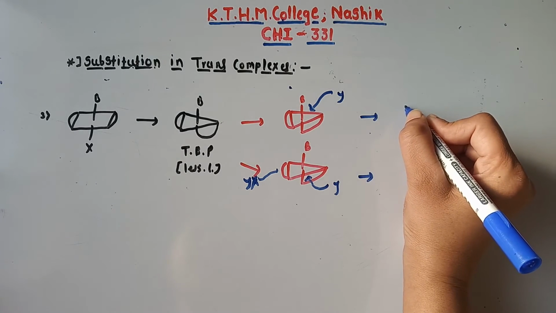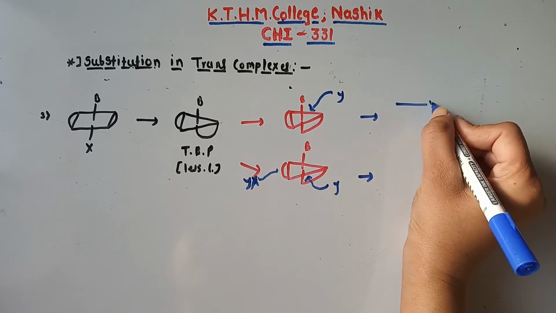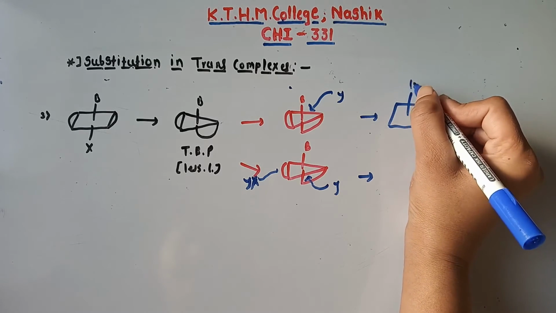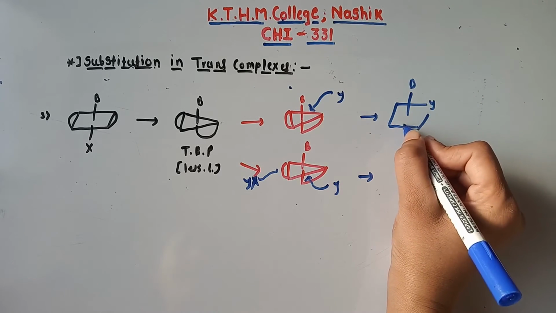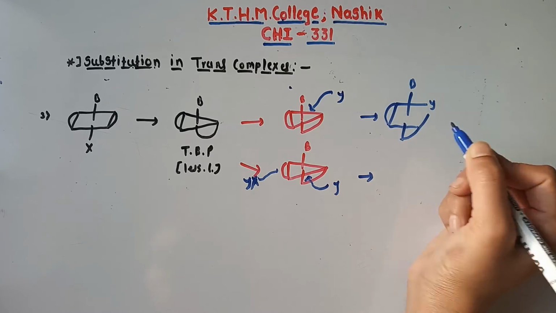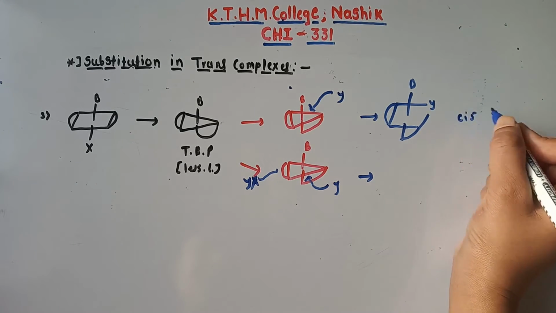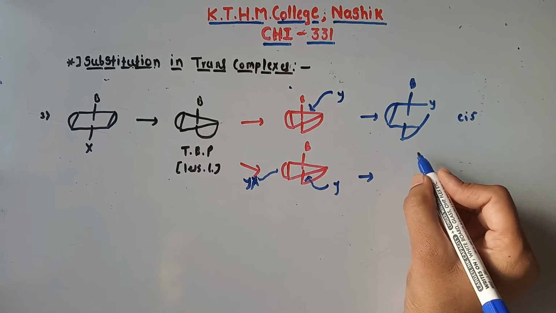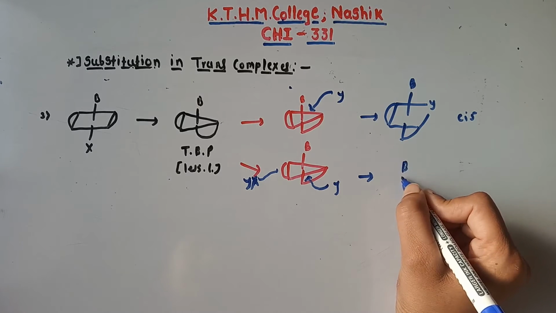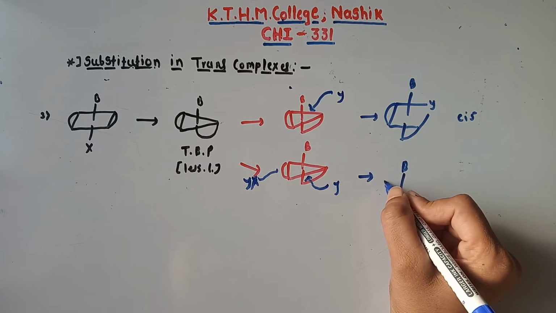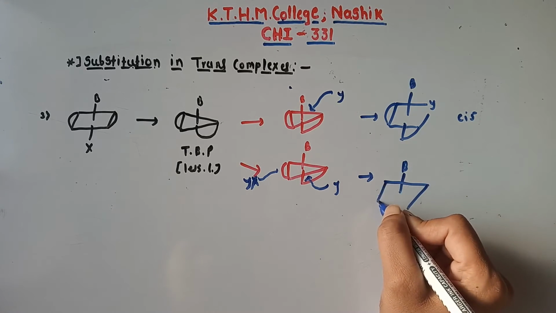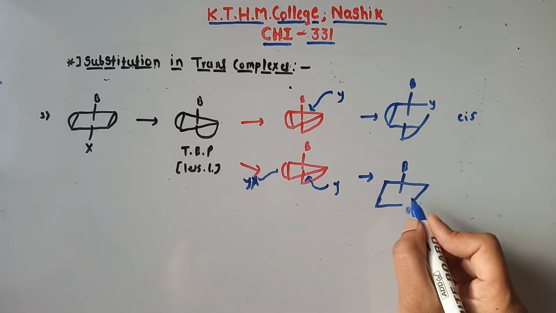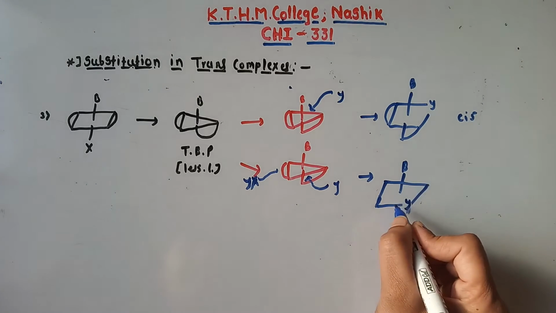Okay, if we write here product Y, B, here is your cis product because B and Y are at the cis position, and again Y is here.